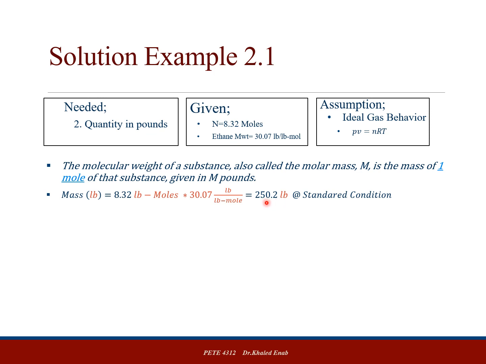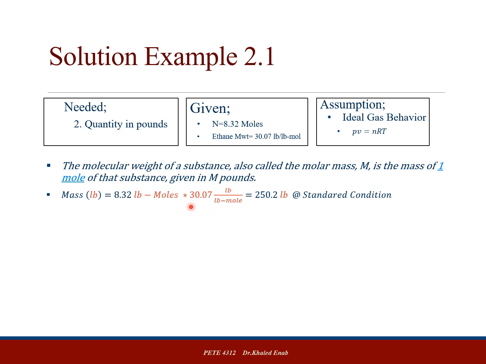And as you can see, we get it implicitly by knowing the volume. At standard condition. Is this a standard condition? So this 250, is this under the 100 psi, 100 Fahrenheit? No, this is under the standard condition.